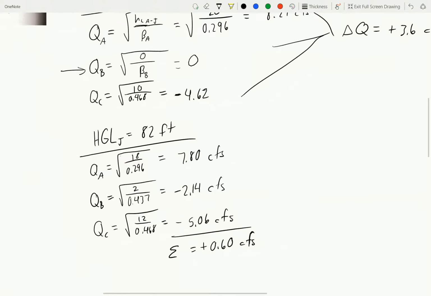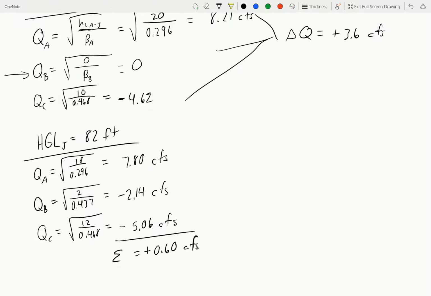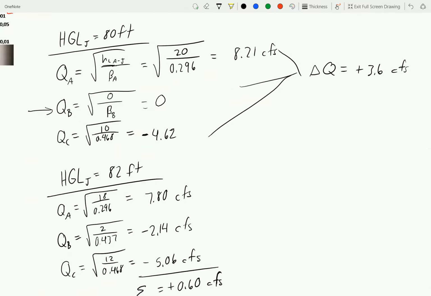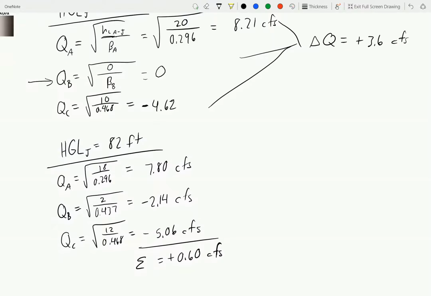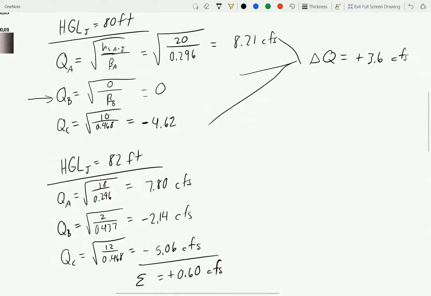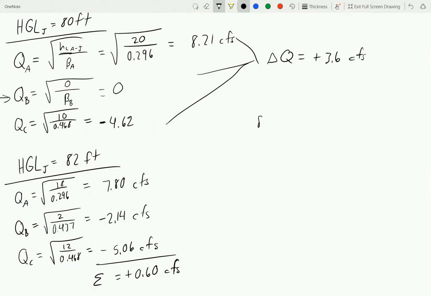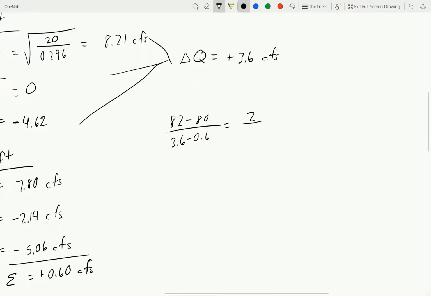And this is a heck of a lot closer than 3.6, so we know that we're going in the right direction. We know that we need to be above 80, not below 80. And for this, we can linear interpolate. So we have 80 minus 82, or 82 minus 80, I guess, over 3.6 minus 0.6. So we get 2 over 3.